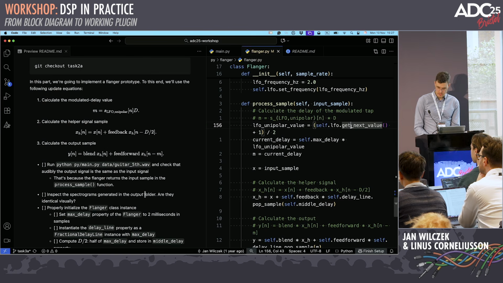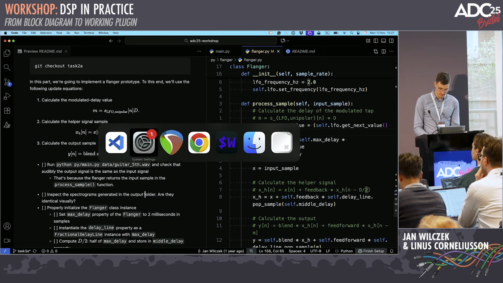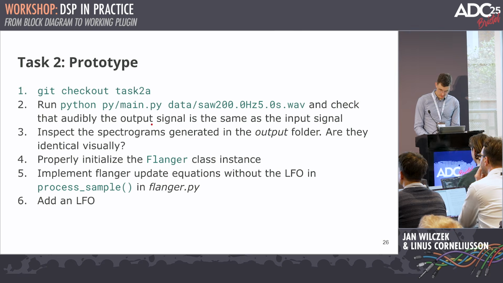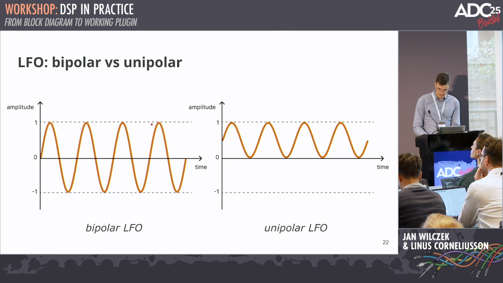So we get the value from the LFO, and then we make it unipolar, right? So the LFO value is from -1 to 1, +1 is from 0 to 2, divided by 2 is from 0 to 1. And that's what we want, a unipolar LFO, just as we've seen here. So we went from the left signal to the right signal.